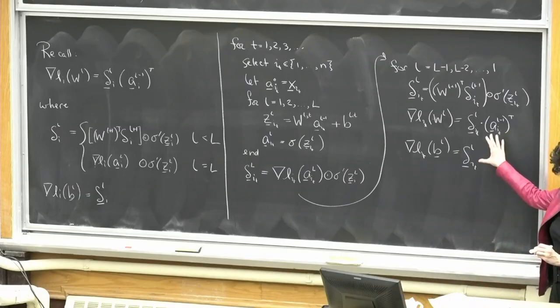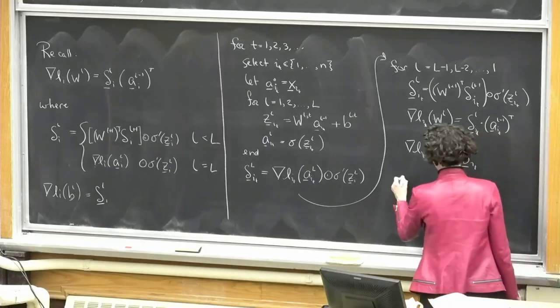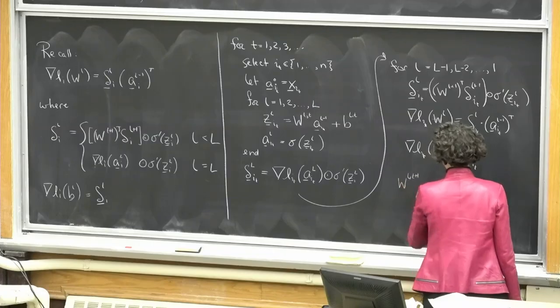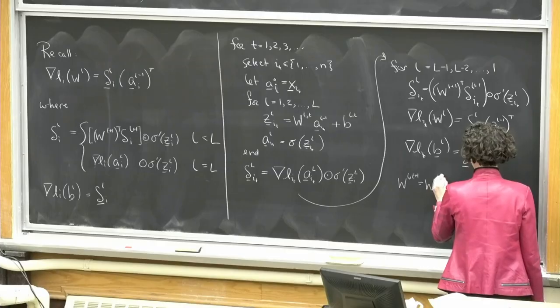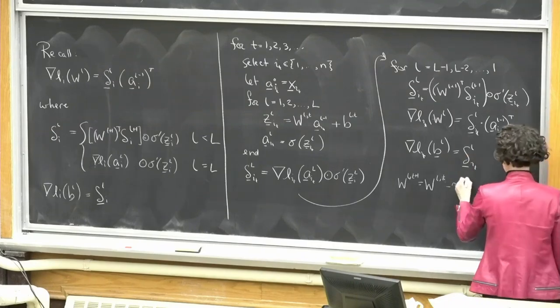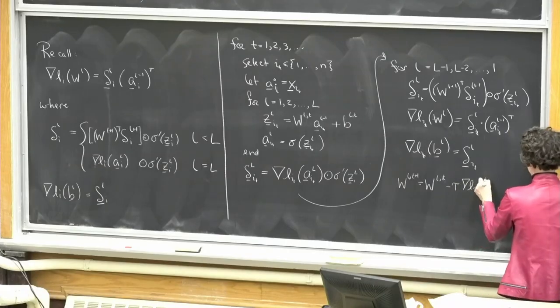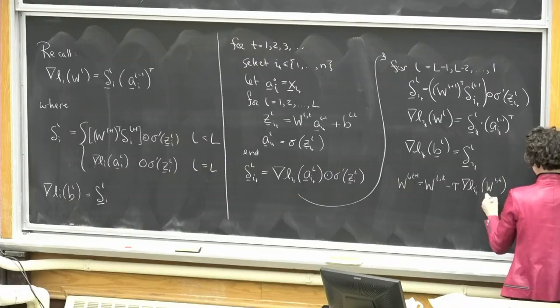So now that I've got my gradients, I can do my gradient update. I can say that W_L for iteration t+1 is going to be W_L at iteration t, minus a step in the direction of the negative gradient, or minus tau times this gradient we just calculated, the gradient of L_{I_t} with respect to W_L evaluated at iteration t.